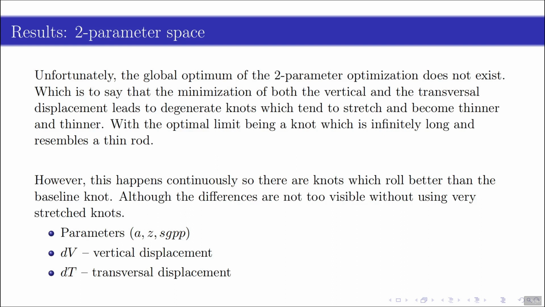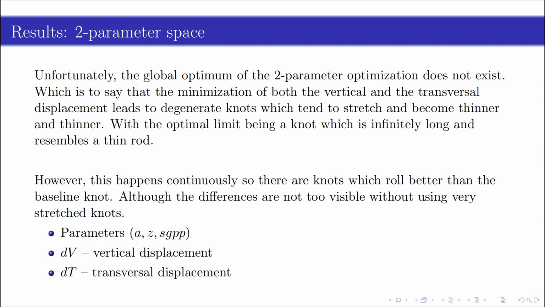And after we had these plots, we decided to look in the optimal regions for potential candidates of knots which roll even better by optimizing in 2 and 3 parameters respectively. Unfortunately, the global optimum in the 2-parameter case doesn't really exist.